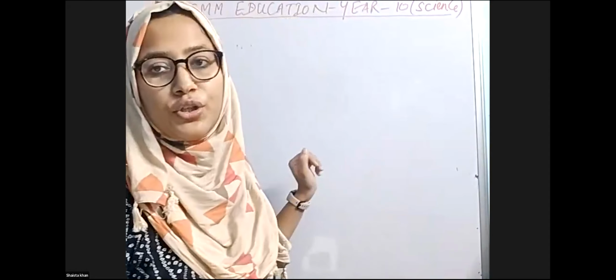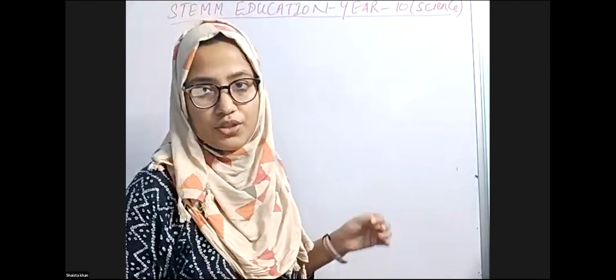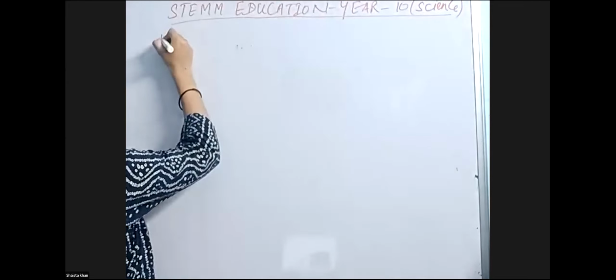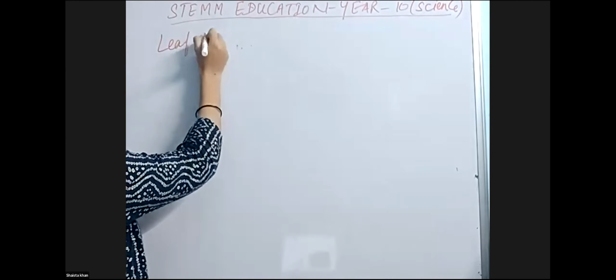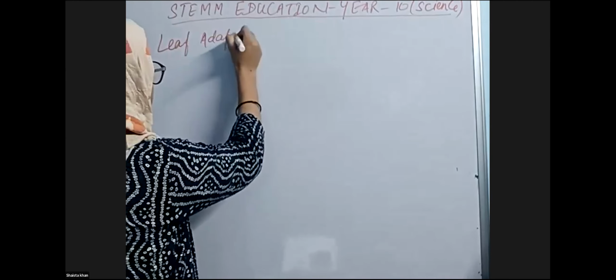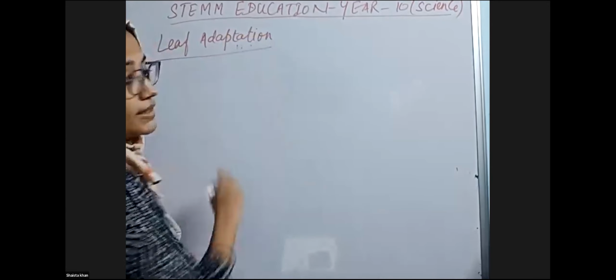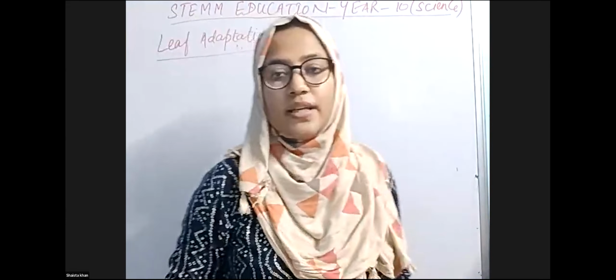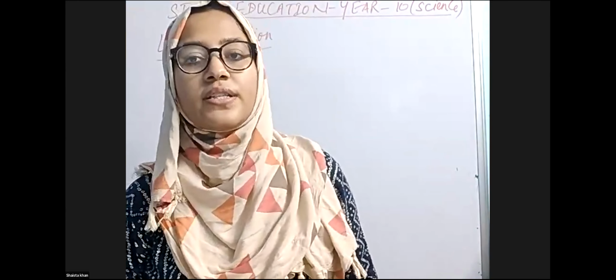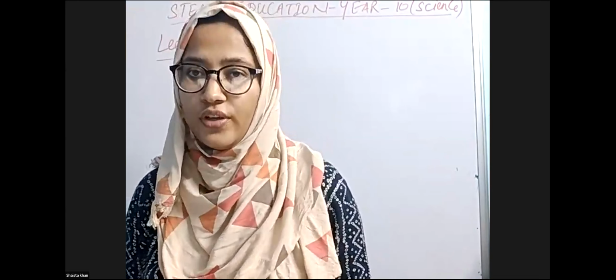And today we will understand a new topic, that is leaf adaptation. This is our new topic because in our previous class we have already studied the structure of the leaf.